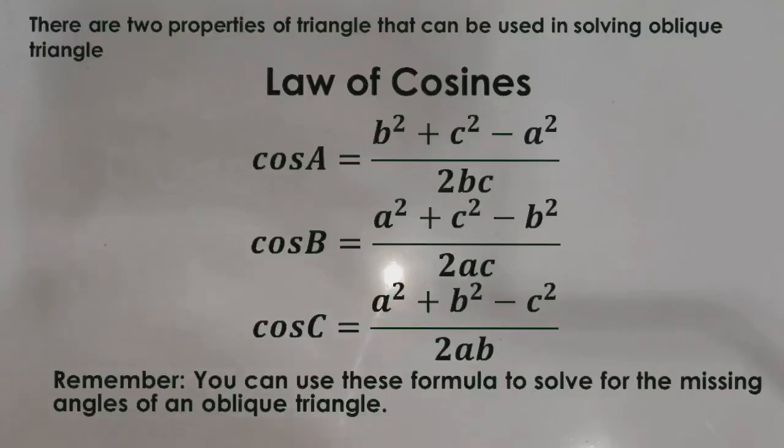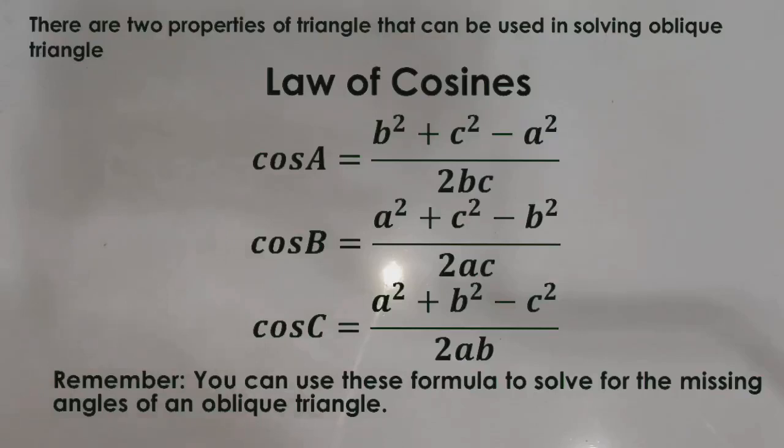And then, kapag nawawala naman yung ating angle, kapag isang angle lang yung nawawala, ito yung gagamitin natin. So, kapag angle A ang nawawala, cosine of angle A is equal to b squared plus c squared minus a squared all over 2 times b times c. Kapag angle B ang nawawala, cosine of angle B is equal to a squared plus c squared minus b squared all over 2 times a times c.